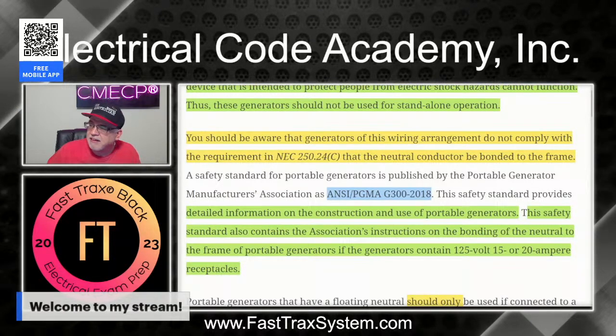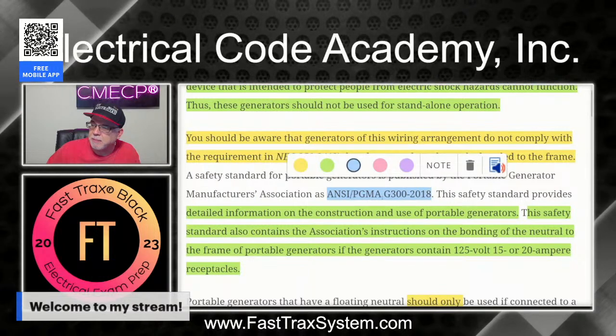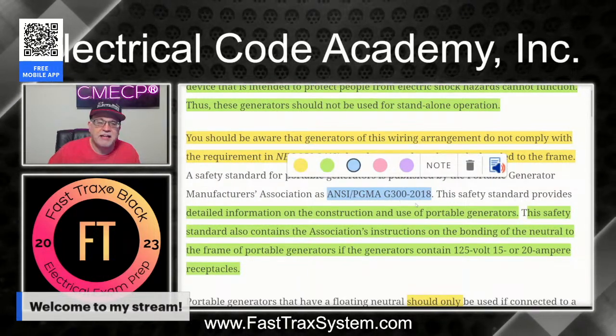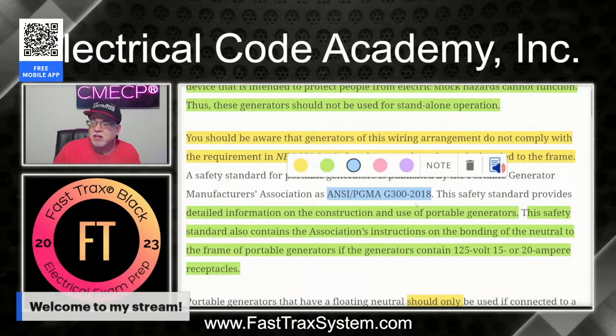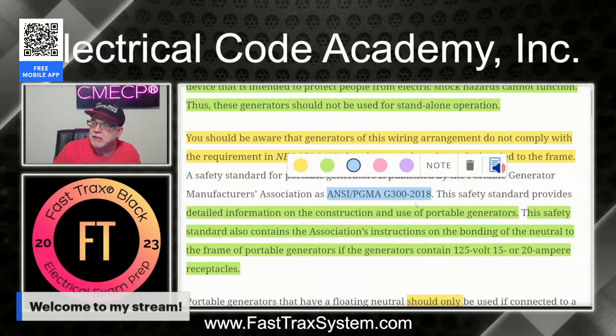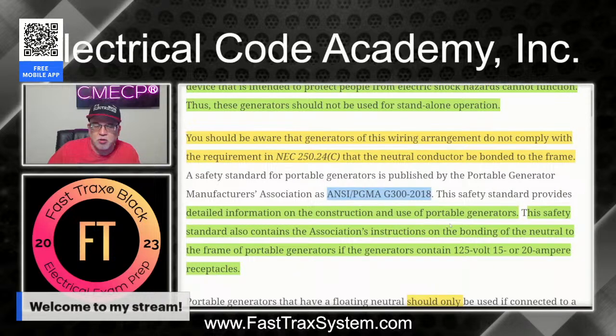Yes. So that safety standard comes from the Portable Generator Manufacturers Association. That's this right here. And they are ANSI PGMA G300, and the latest edition, I guess, was the 2018. It hasn't been updated since then, since this is 2023 information. And they're going to give you the standard. Now, in that standard, it's going to give you various details of the construction of a generator.